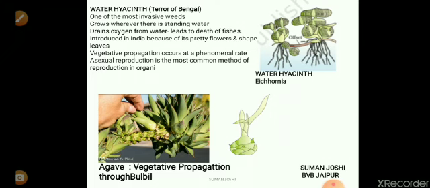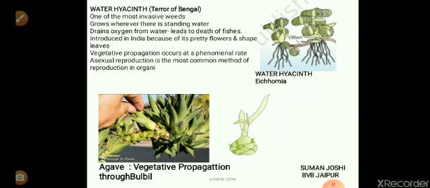This offset is nothing but the branch which is coming from the bud, from the nodal region. And this water hyacinth was actually introduced in India because of its pretty violet colored flower, but it created havoc here, and it is actually considered one of the most invasive weeds.